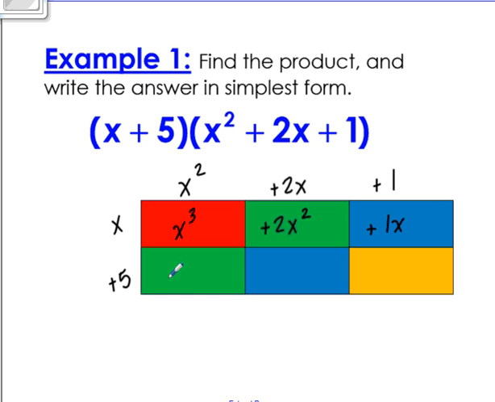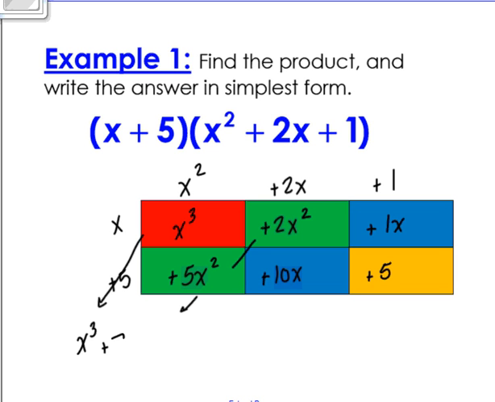5 times x squared is a positive 5x squared. Positive 5 times positive 2x is a positive 10x, and then 5 times 1 is just positive 5. So again, just like before, these should combine, but you're going to have to check always to make sure. This is an x to the third.